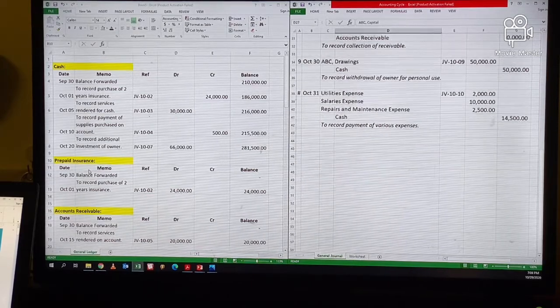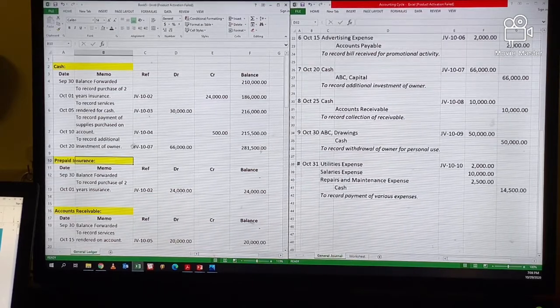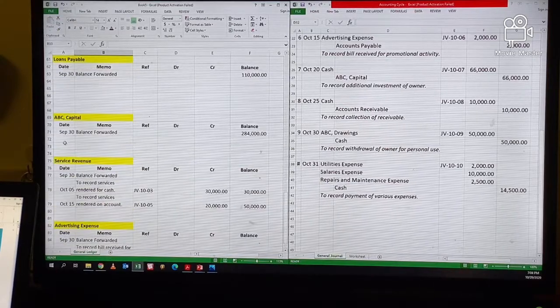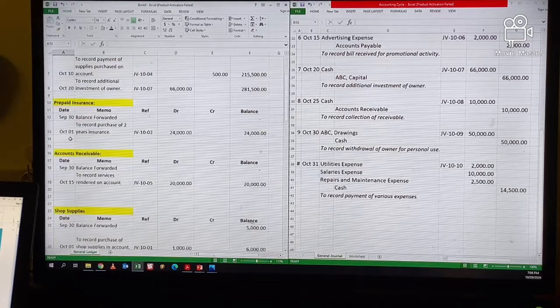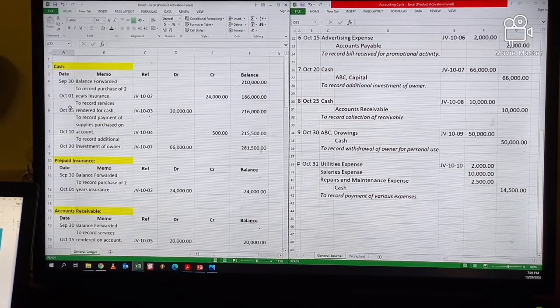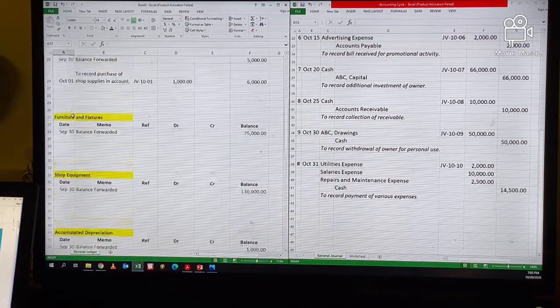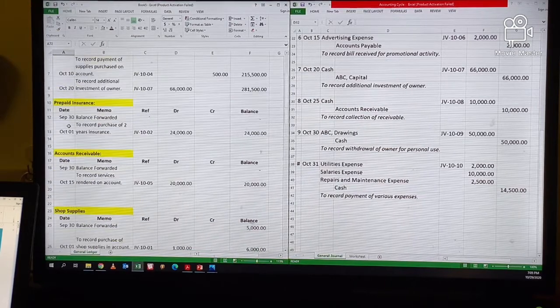Next, credit naman ng ABC Capital. So, hanapin mo yung ledger ni ABC Capital mo. Tapos, isulat mo siya. GV number 7. So, ang debit natin ay cash.